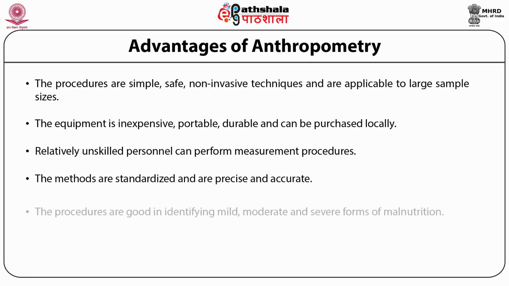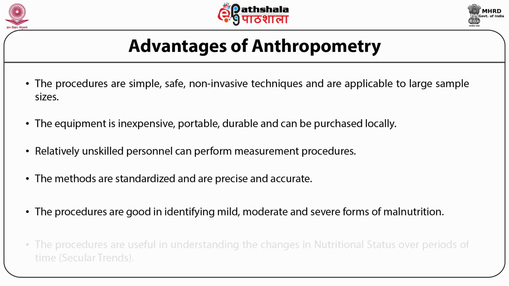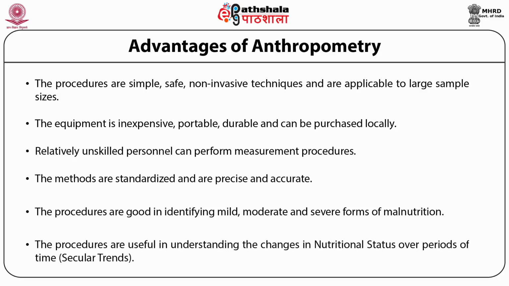Fifth, the procedures are good in identifying mild, moderate, and severe forms of malnutrition. And sixth, the procedures are useful in understanding the changes in nutritional status over a period of time. That is, we can come to know the secular trends, whether they are positive, negative, or even if the secular trends are absent.